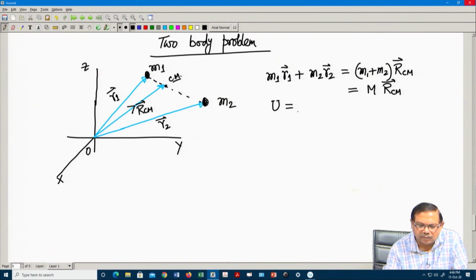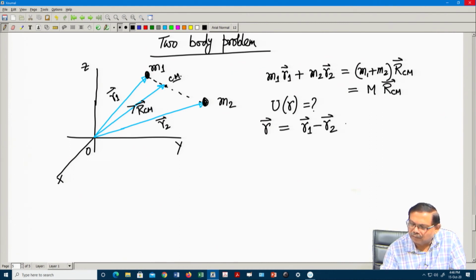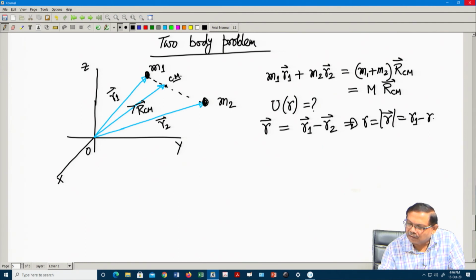So, we will require potential energy in terms of R. Okay. What is R? R is the magnitude of vector R, which is R1 minus R2. So, R is the magnitude of this, that is mod of R1 minus R2.